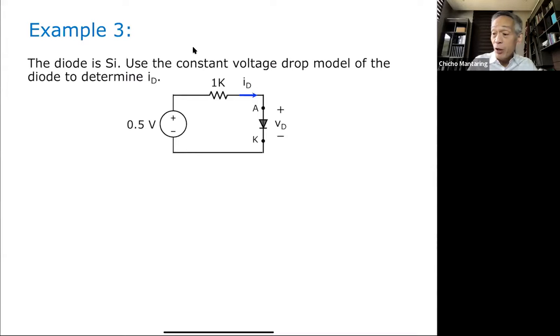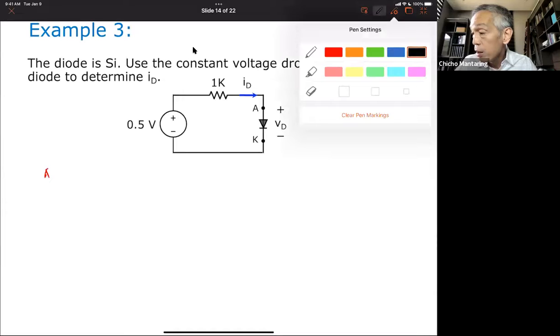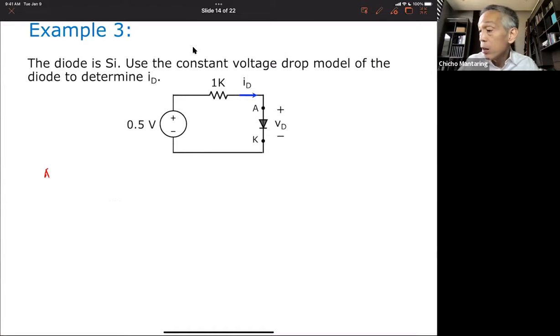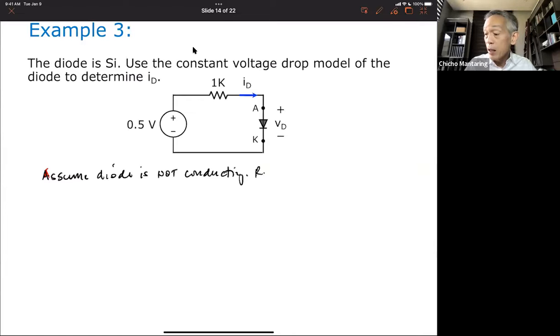We start with the assumption that the diode is not conducting. And therefore we replace it with an open circuit. So what will our equivalent circuit be?